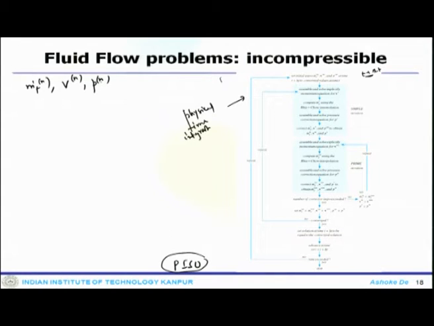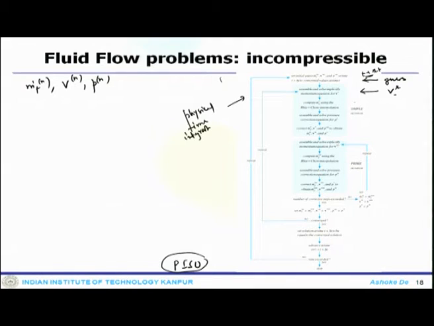So, these are all guesses. This step is the guessing step. You guess everything, then you assemble and solve the momentum equation for all the star quantities. That means the first level of intermediate step where you calculate all the star quantities.